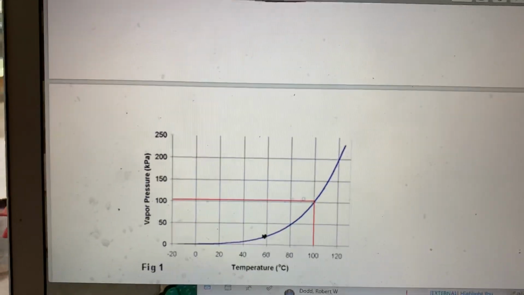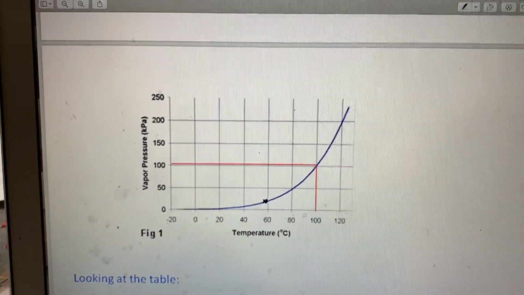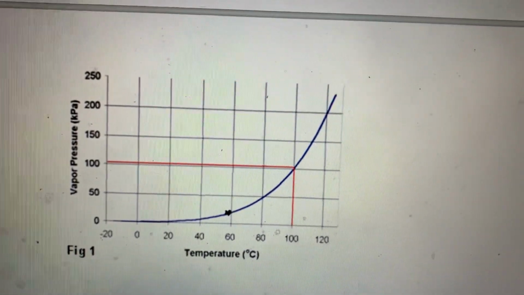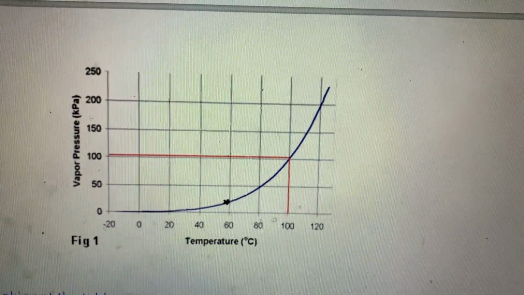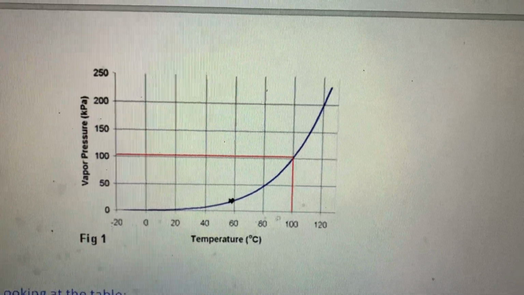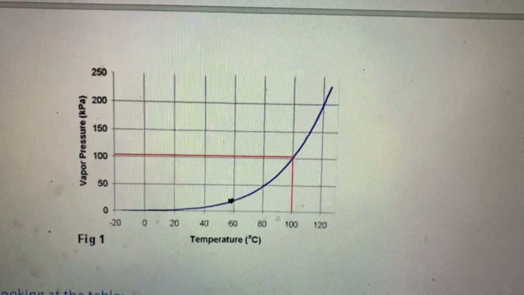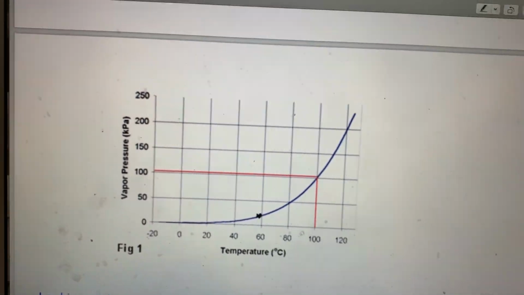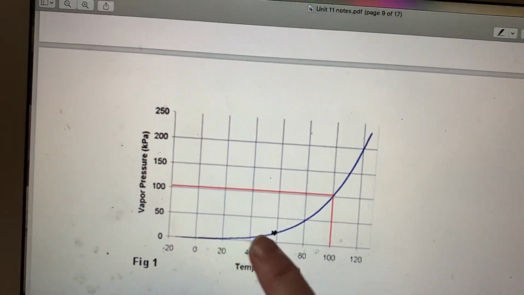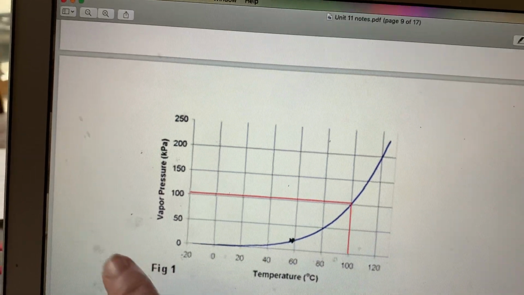Right here, this graph is called a vapor pressure curve. Okay. If you notice, you have temperature on the x-axis and you have pressure, this time in kilopascals, make sure you're always checking those units, on the y-axis. Okay. For this particular liquid, all along this line, that is your vapor pressure.